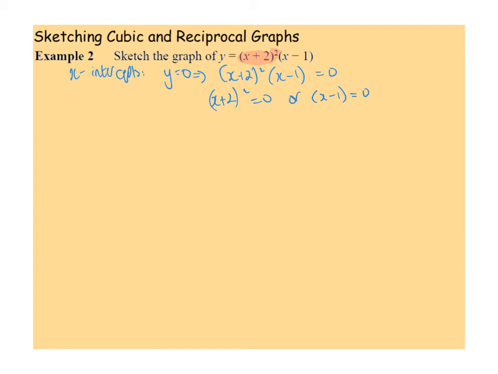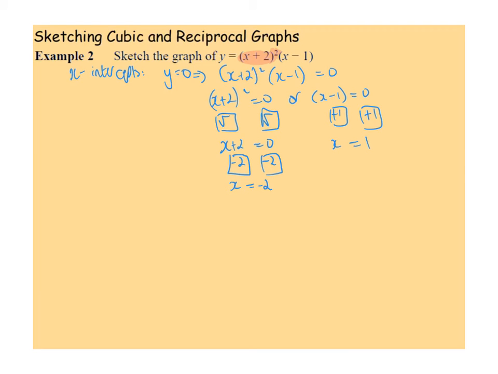For this first one to be 0, if I square root both sides, I get x + 2 = 0, subtract 2 from both sides, and x is −2. For the other one, I can add 1 to both sides, and we get x is 1.